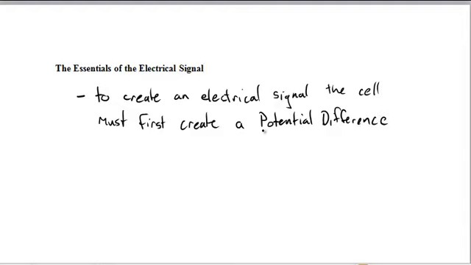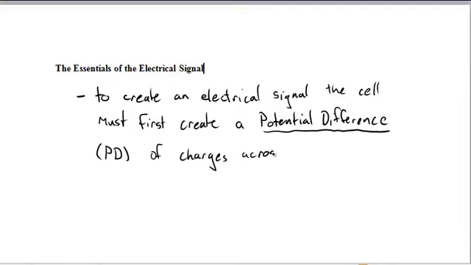And this is abbreviated PD. Of charges across the axon's plasma membrane. And sometimes when they're speaking specifically about the axon's plasma membrane, they abbreviate it and just call it the axomembrane.